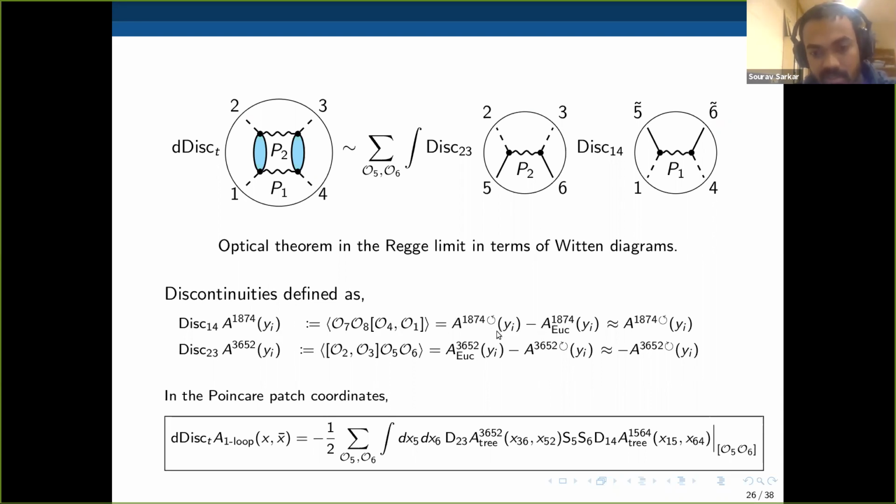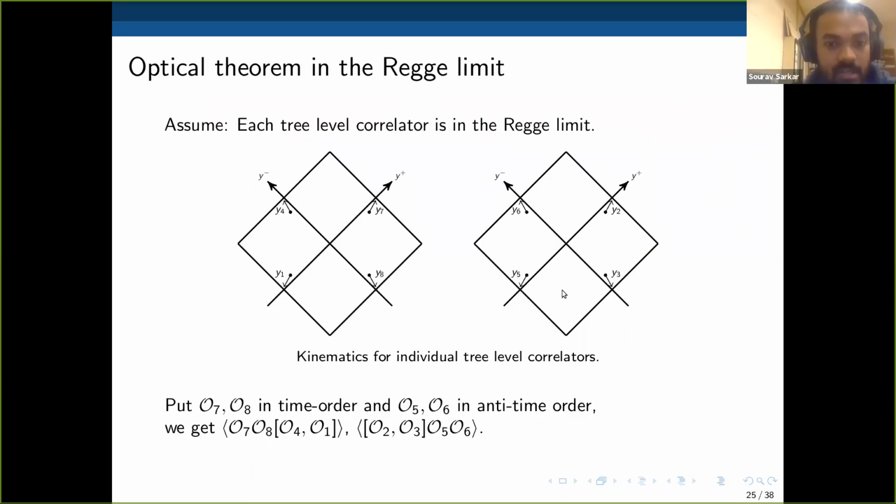So this commutator is basically the difference between the correlator on the Regge sheet and the correlator with a mixed ordering. Yes, I can take a question. Maybe it's a stupid question. So points 5 and 6 are integrated. So why can you choose the configuration also for those points? It's an assumption. It's an assumption that the leading contribution, so earlier they were integrated, but it was not in the Regge limit.